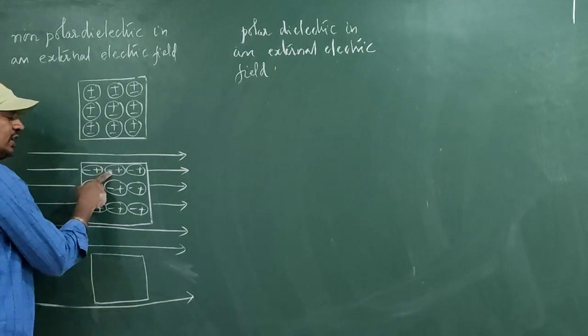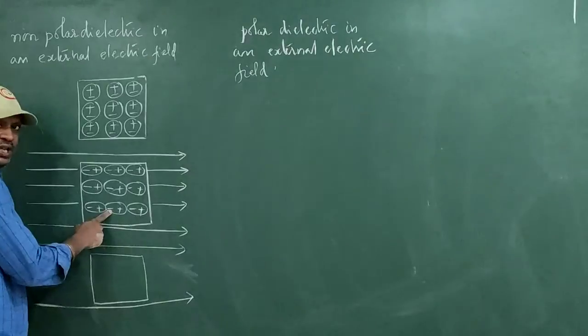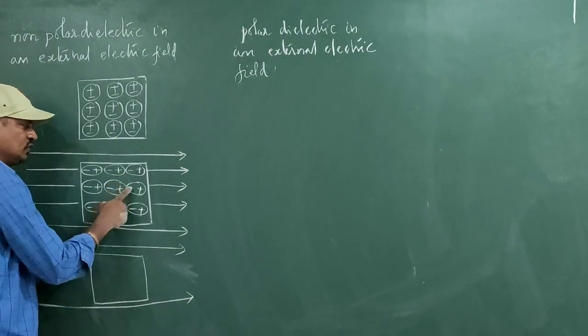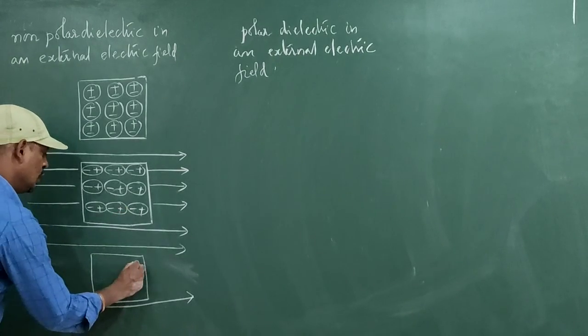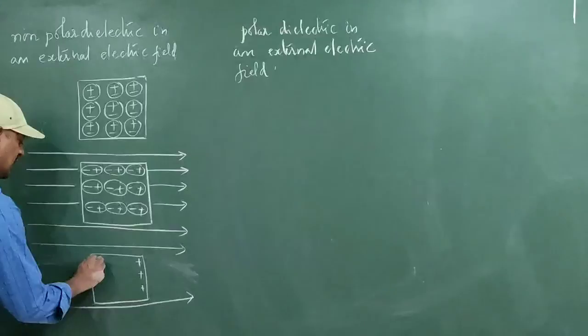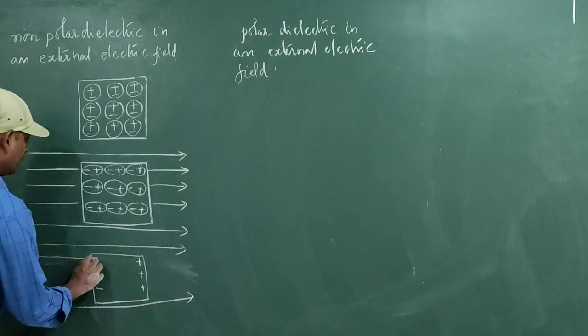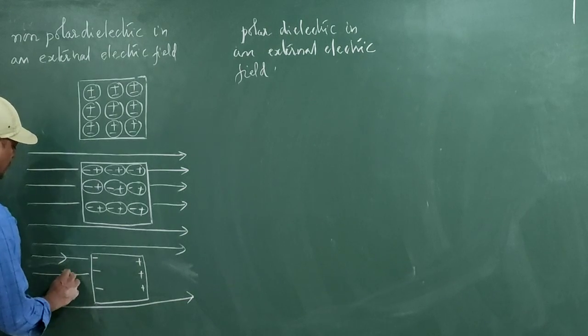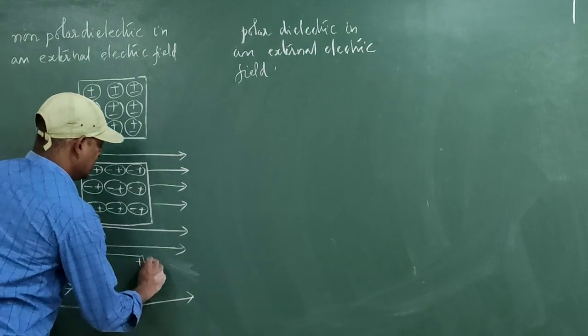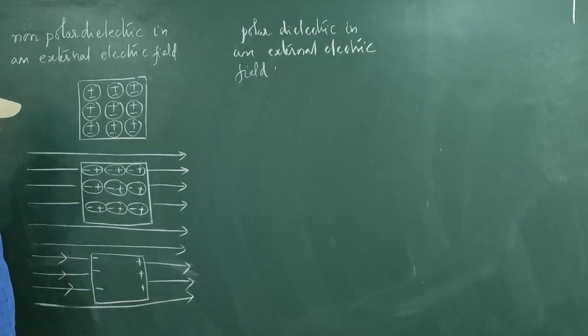This positive and negative cancels, positive and negative cancels, and so on. We are left with positive charges on this side and negative charges on this side. And you know very well, electric field is always towards the negative charge and always away from the positive charge.